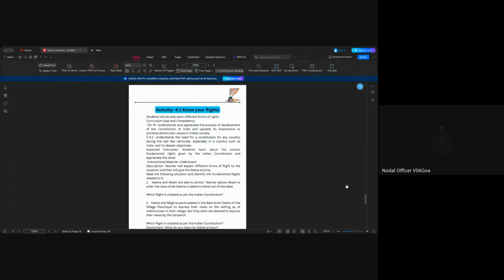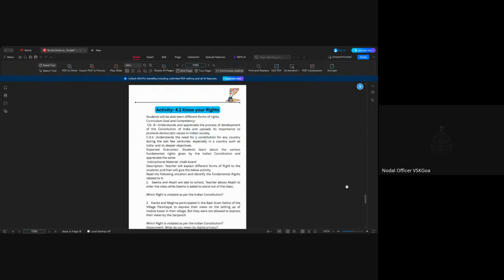Now, this activity can be conducted as follows. A brief is given here. First, let the teacher explain some of the fundamental rights guaranteed by the Constitution of India, and then, by giving them a situation, the teacher may ask the students to identify under which particular right it falls.